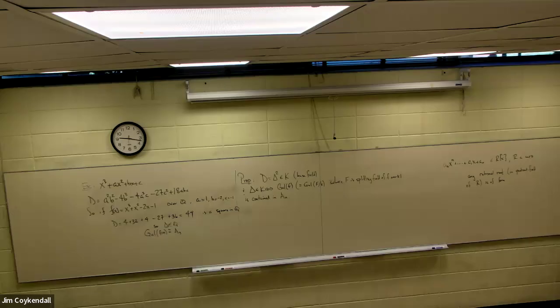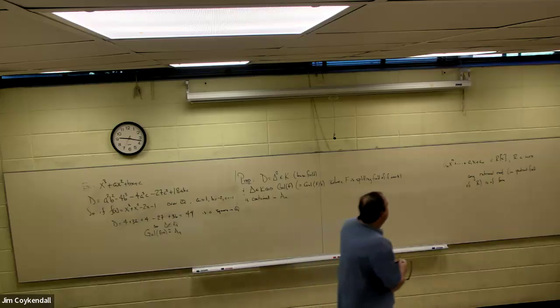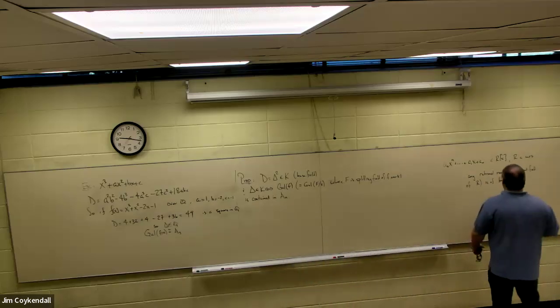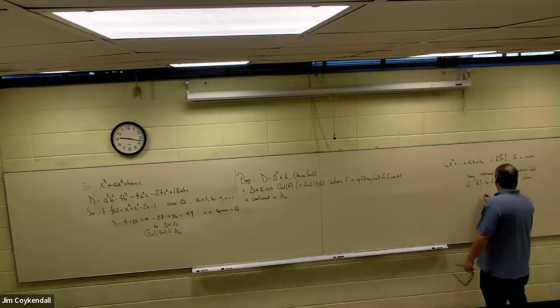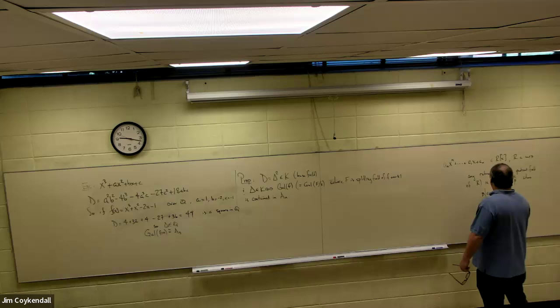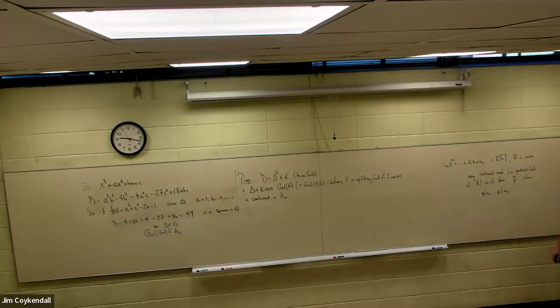So, any rational root in the quotient field is of the form, let's say, alpha over beta, where beta divides a_n and alpha divides a_0. How many of you have ever seen this?